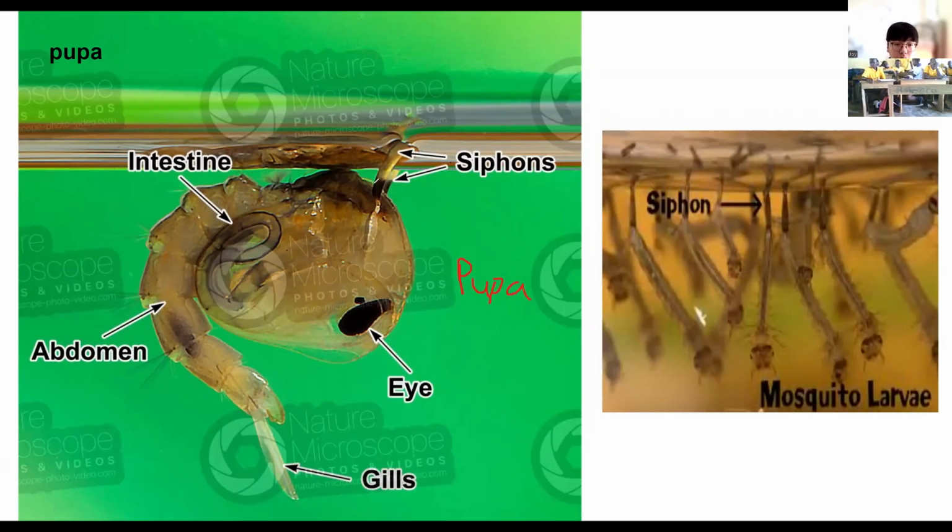You can see this tube that is attached to the surface, and it's breathing the air. That tube is called a siphon. You can see it on a mosquito larva too. This tube that it breathes through is called a siphon. It's just an anatomical term. Okay.